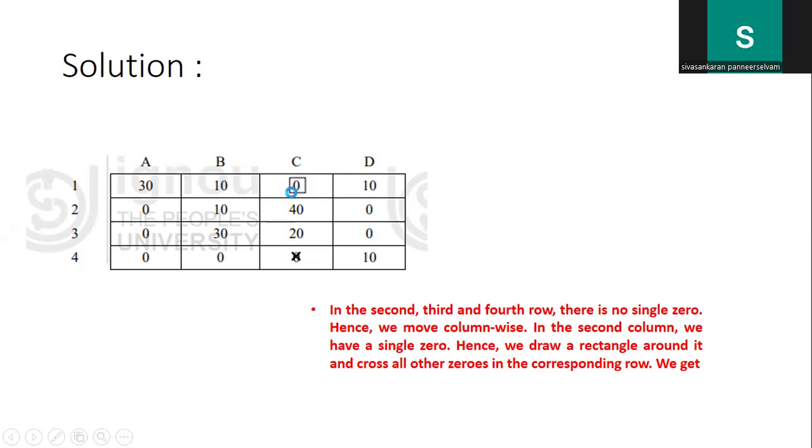Select that zero, do a square mark, and check in the same column, is there any other zero? Yes. The last row, third column, we have one extra zero. So we have to delete that additional value by making a cross mark. So this is the procedure to be adopted for each row and column.